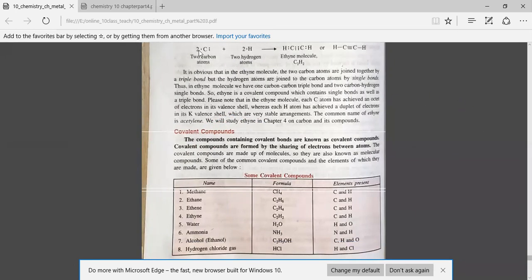So in alcohol we have this OH. The alcohol formula is C2H5OH.